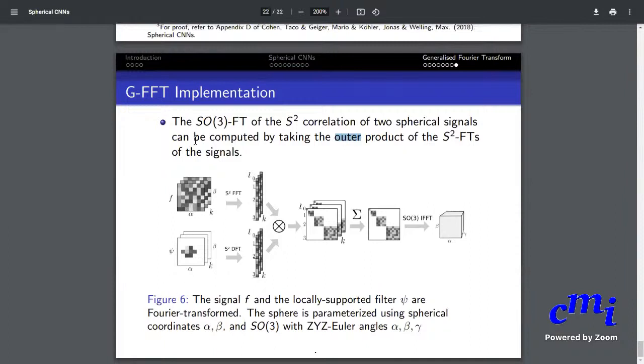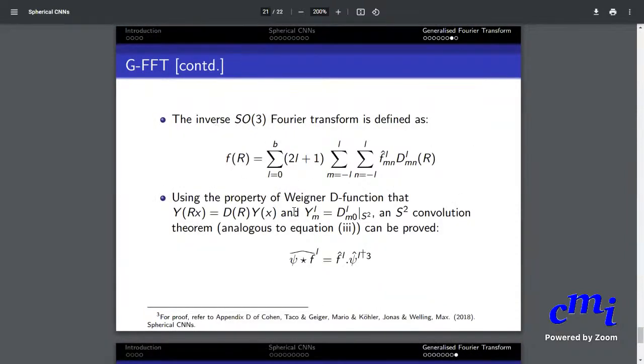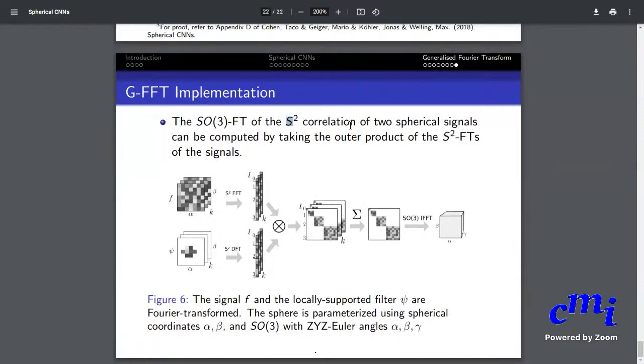So, ma'am, in case of SO3, the basis functions are these Wigner D functions, and in case of S2, the basis functions are the spherical harmonics.